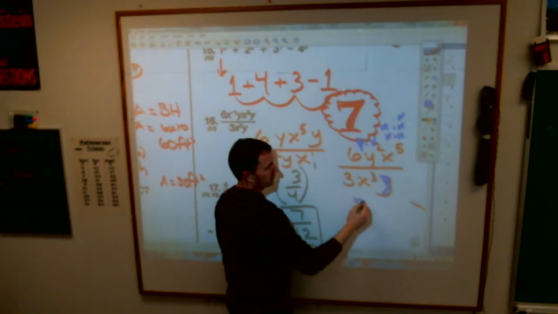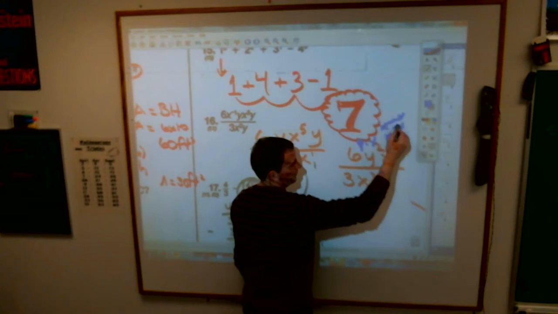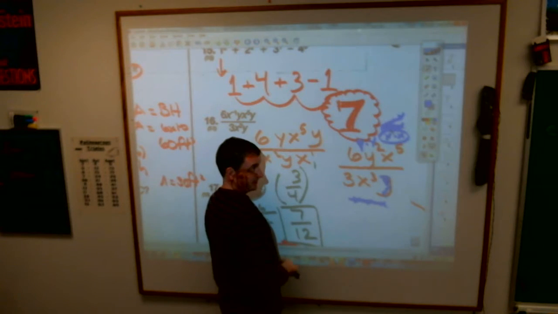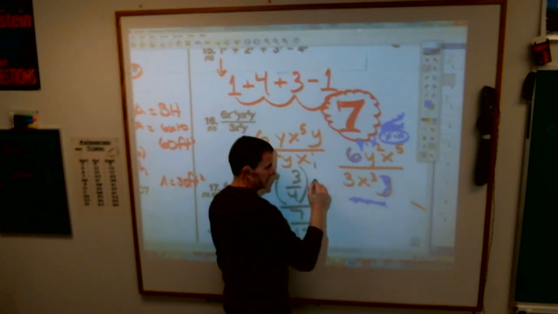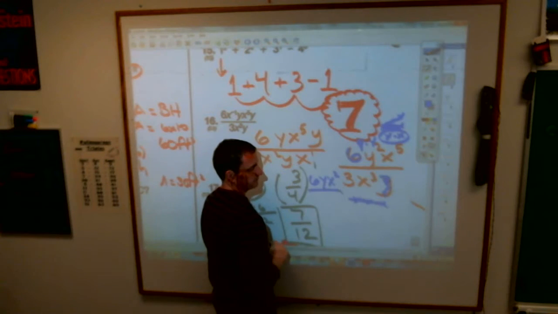And on the bottom, you have 3 x's. So 3 of the bottom ones are going to cross off with 3 of the top ones, and you're going to be left with an x squared on top, 2 x's. So what's left on top is a 6, a y, and an x squared. What's left on the bottom?